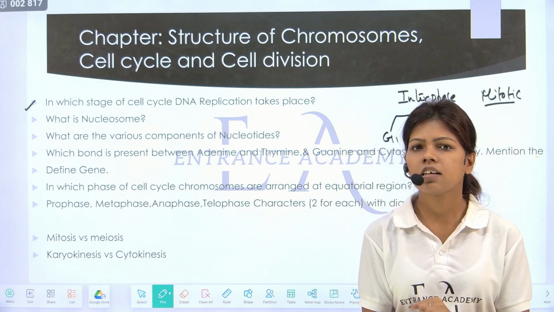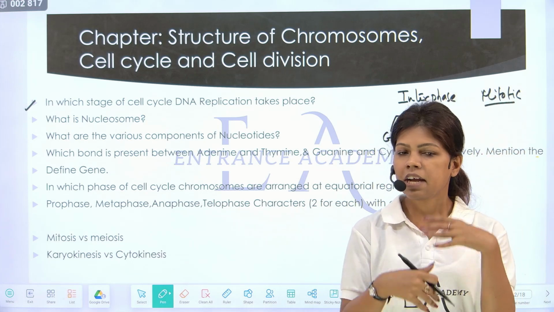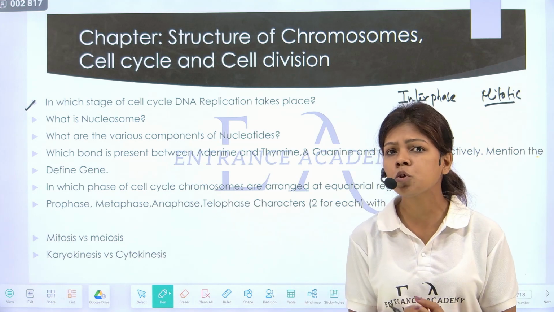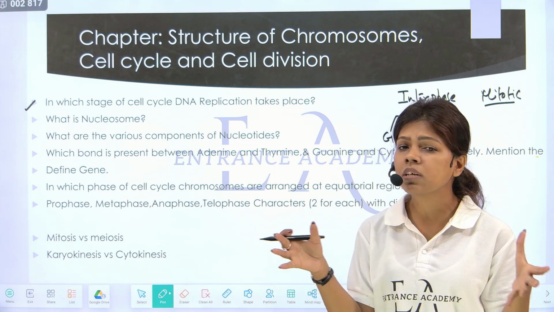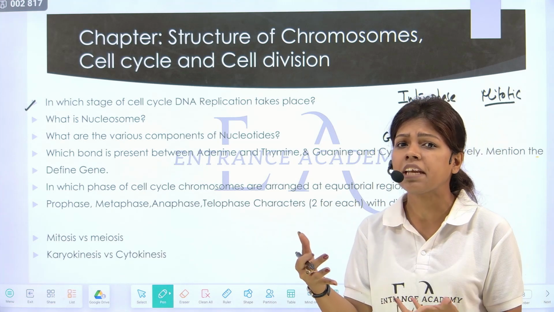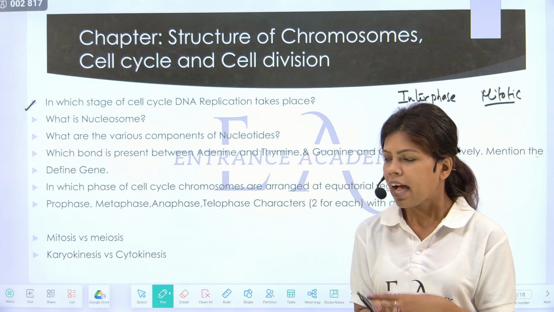DNA is the genetic material present inside the nucleus. Normally, inside our body, the DNA is approximately 2 meters in length, but the diameter of the nucleus is very short. So how will this 2 meter long DNA accommodate itself inside the small nucleus? Actually, what happens here?